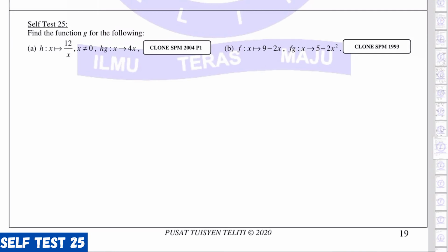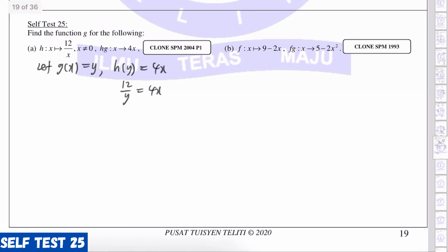Okay, self-test 25. So here we have h(g(x)). We let g(x), which is the function inside, equal to y. You don't want to write g(x), you want to write y, so that we can reduce it to a single function h(y). Now we know h(x) is 12 over x, so h(y) will be 12 over y. The result is 4x. Now I want to find y, so I bring the y up, I bring the 4x down.